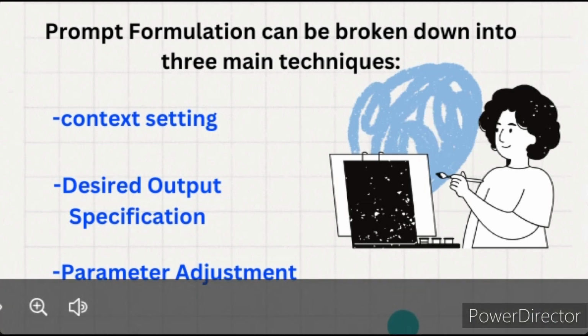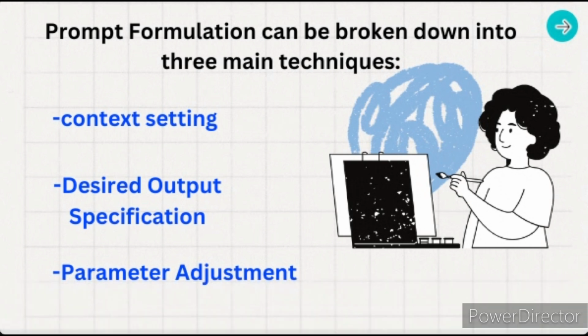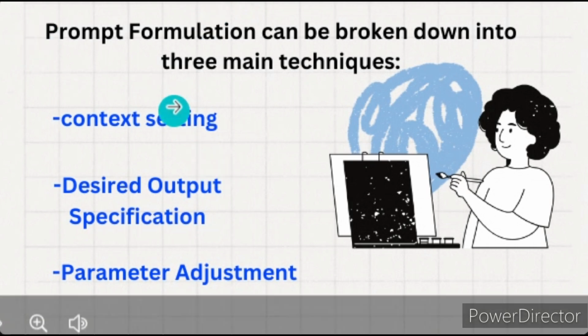We also touch upon evaluation metrics for assessing the performance of the models. Let's start with strategies for crafting effective prompts. One of the key elements here is prompt formulation. This involves several techniques to ensure that the prompts we create are clear and yield the desired response from the model.